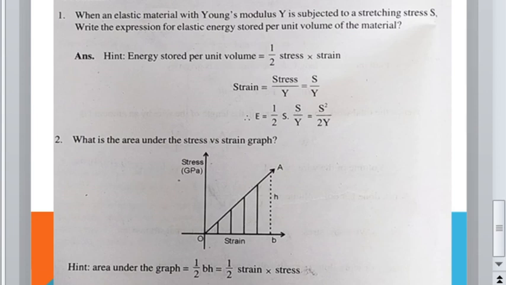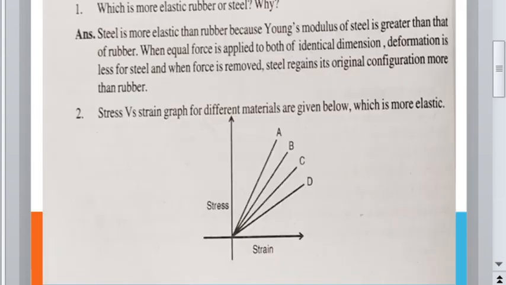I will give a simple summary. In this session, we have explained which material is more elastic, rubber or steel. We got steel is more elastic. And the next problem, which material is more elastic by comparing the graph of different materials. We got A as more elastic because A has more value of Young's modulus and A has more value of stress too.